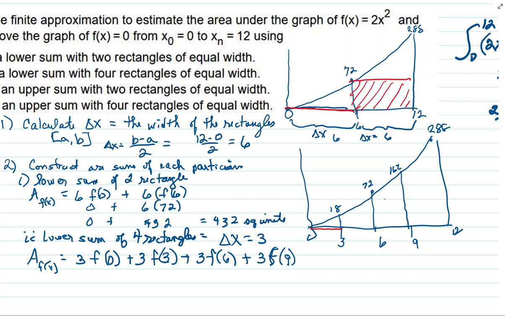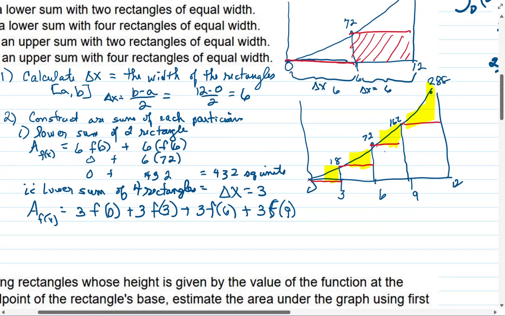For the one ending in 6, I've got this one. And for 6 to 9, I have this rectangle. And from 9 to 12, I have this rectangle. And you can see there's a little bit that is not included. Again, it's still too short.